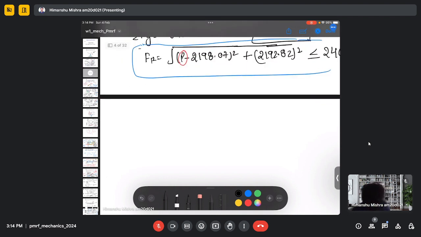So I get (P minus 2198.07) whole squared plus (2192.82) whole squared, which is less than 2400 squared.